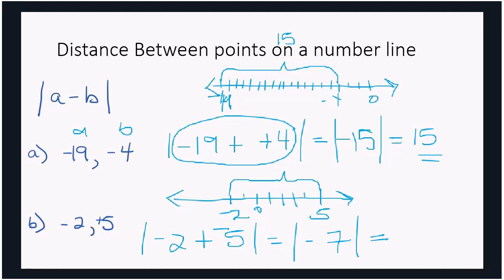And so the distance between -2 and +5 is the absolute value of -7, which is just 7. So that's how you use that rule. Again, if it's just small numbers on a number line, then it's self-explanatory. You can draw the number line and look. It's when you get into larger negative and positive numbers where you wouldn't want to draw a huge number line that you would want to use this formula.